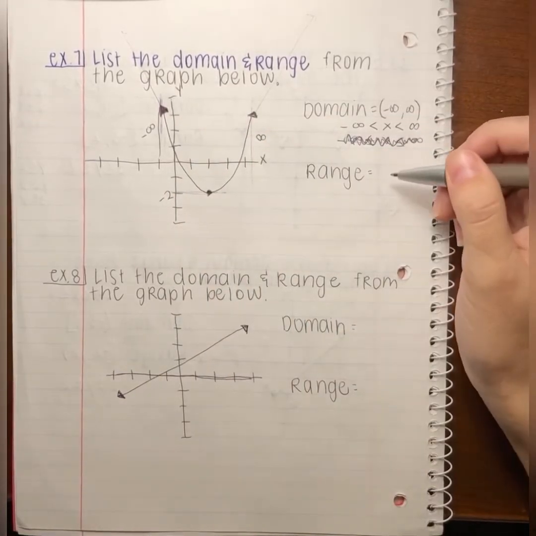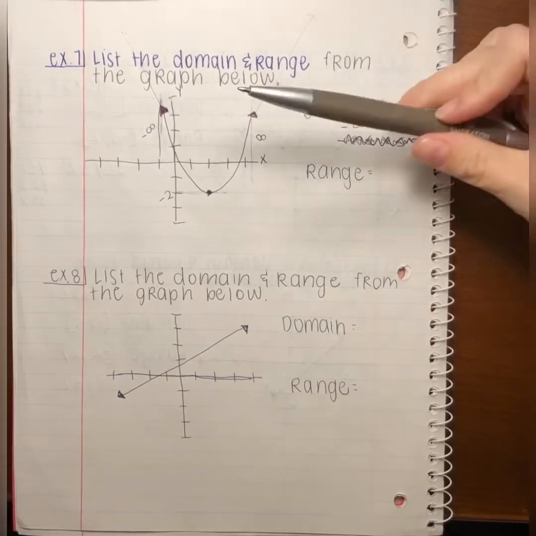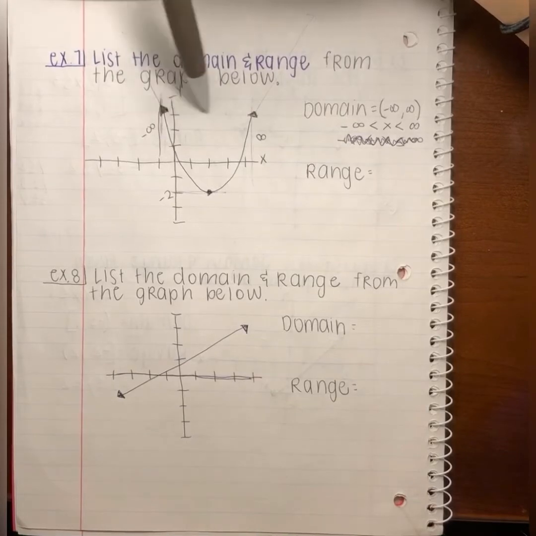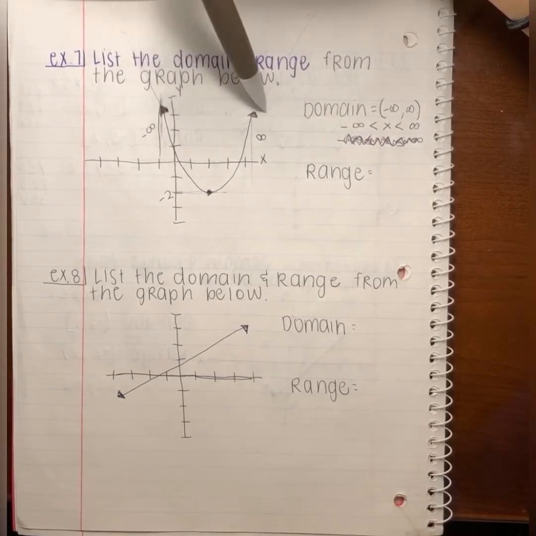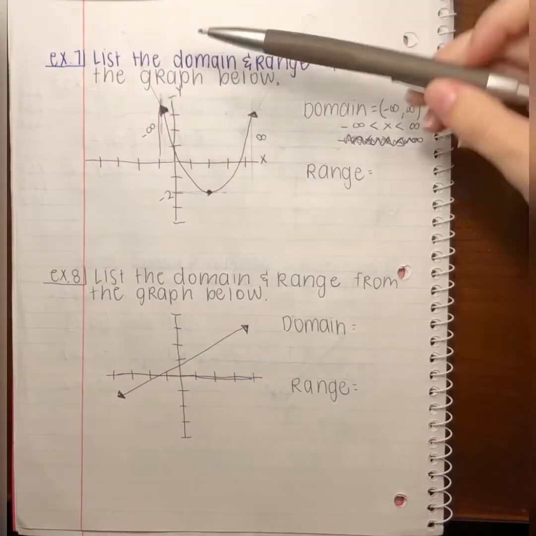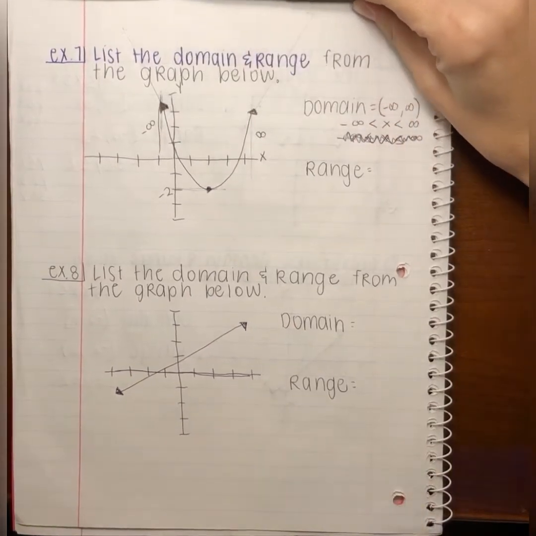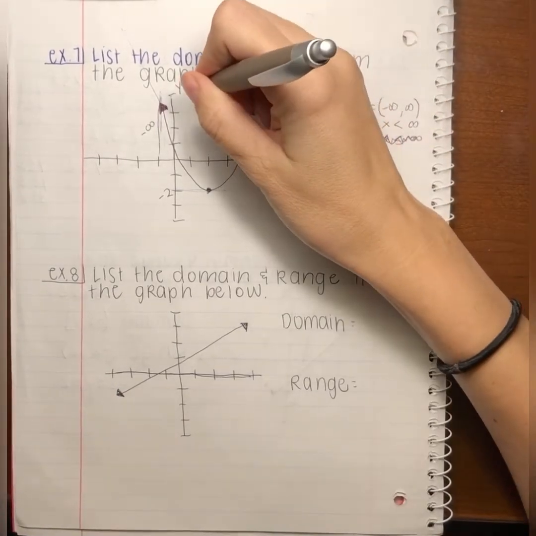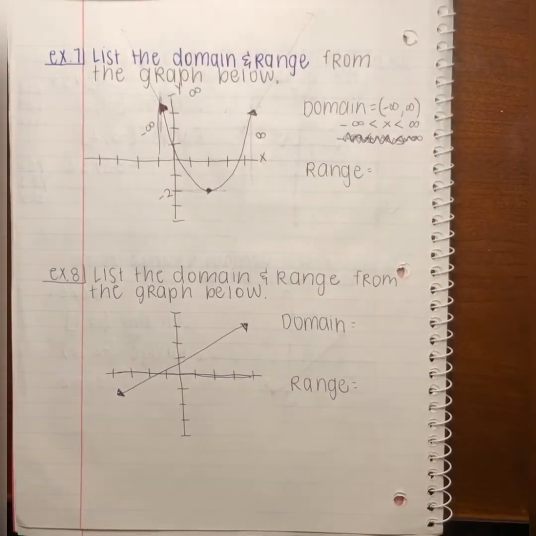Okay, so that's going to be my smallest value. And then the highest up it goes is about right here where it stops, but that's at 3. And then at 3, we have arrows. Okay, because this function is going to keep going up forever and ever and ever, which means it's going to keep going all the way up to infinity.